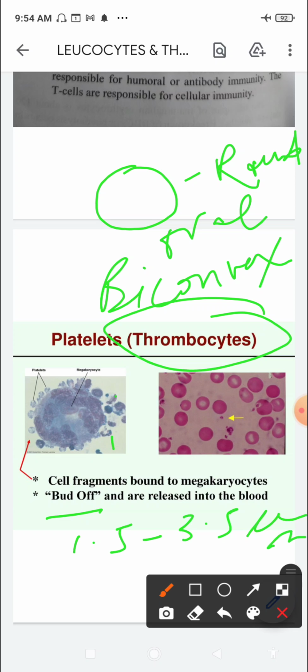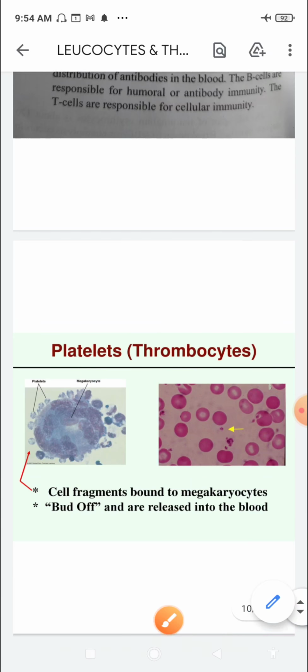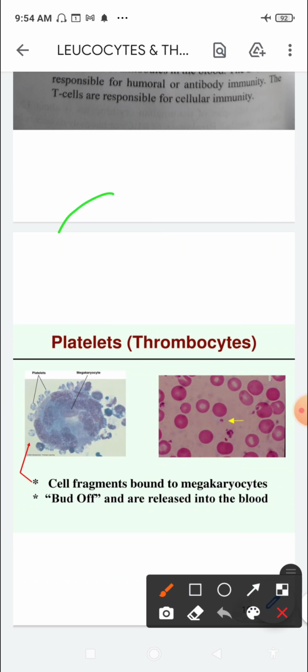They are formed by fragmentation of huge cells called megakaryocytes. Huge cells, they are big cells. If I draw one big cell, they are pieces of that big cell. These are the small pieces, and they bud off like this. They come out, and this is a blood platelet.